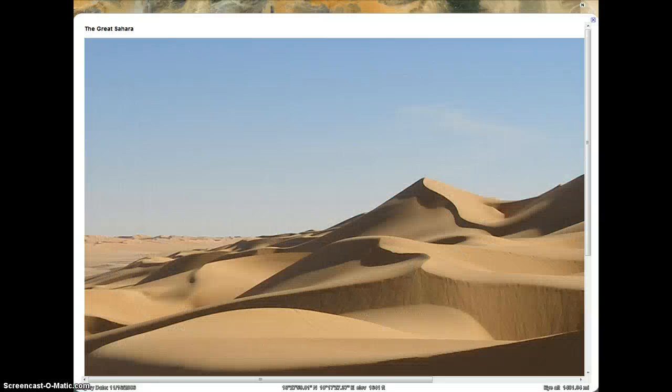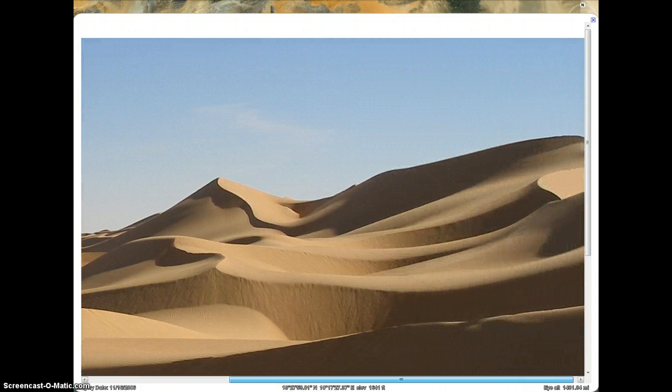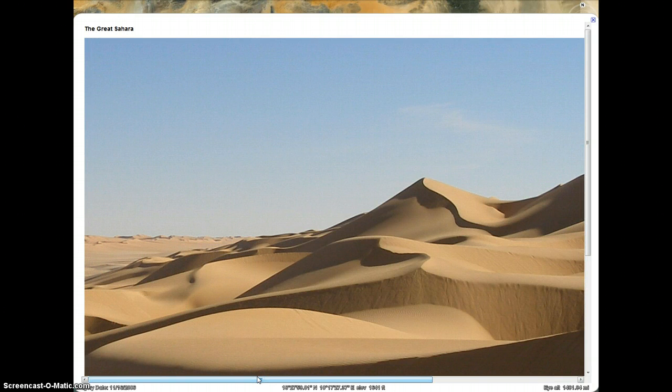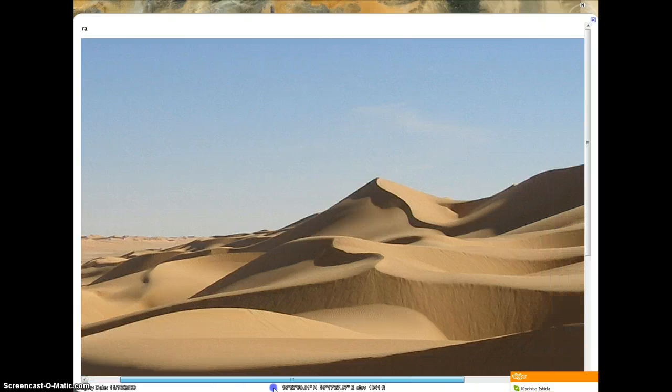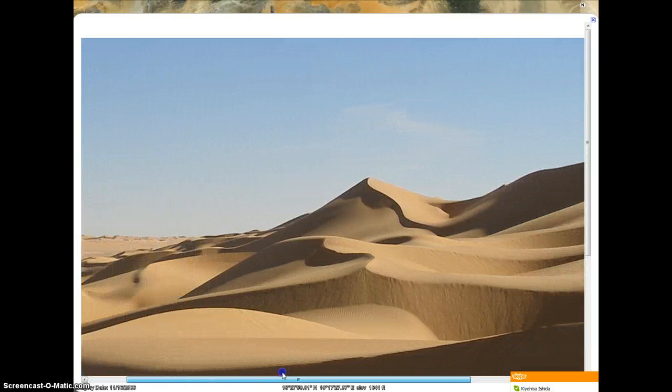Let's see a picture. Whoa! Did you expect the Sahara Desert to look like that? Why not? Yeah, we live in a desert, and it does not quite look like this. We have some places that are called sand dunes like this, but they are not so big.